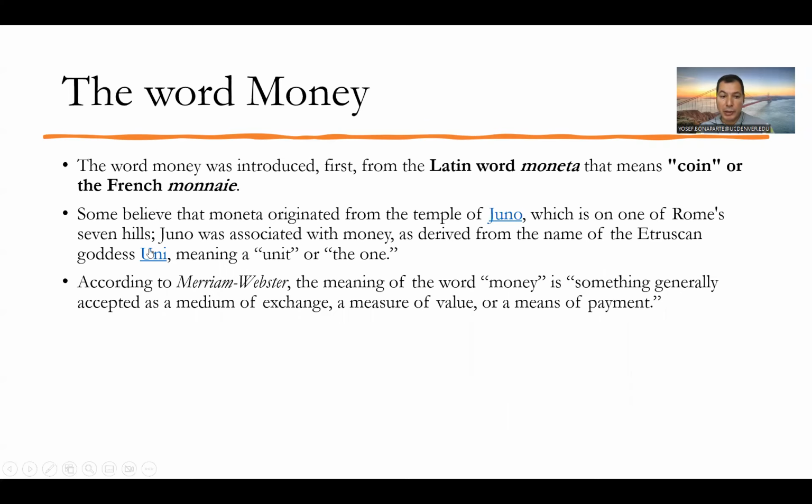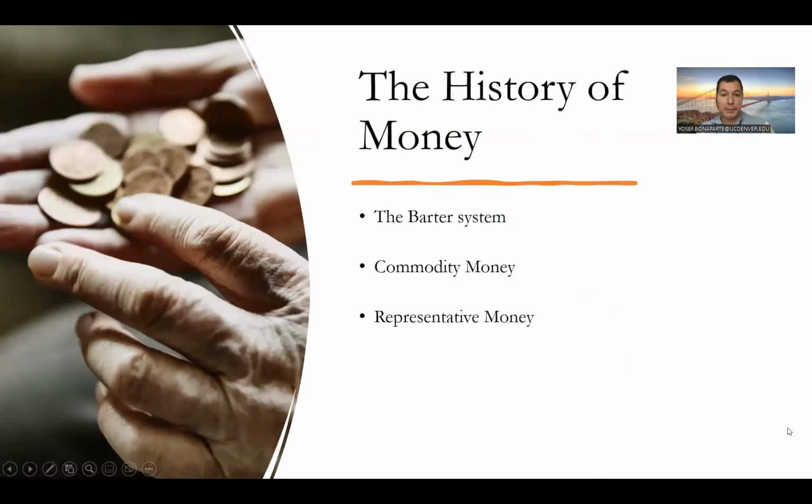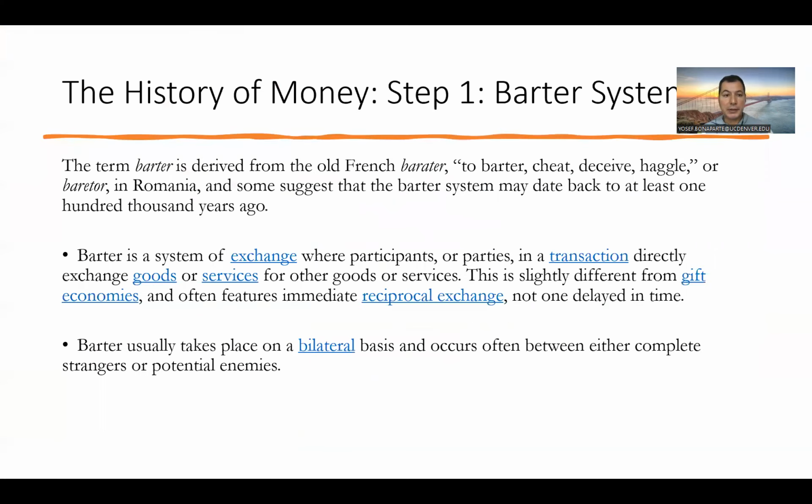According to William Webster, the meaning of the word money is something generally accepted as a medium of exchange, a measure of value, or a means of payment. The history of money is long, but there are 3 big steps: barter system, commodity money, and representative money.